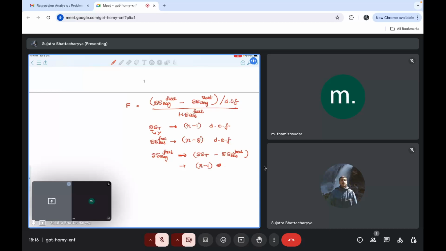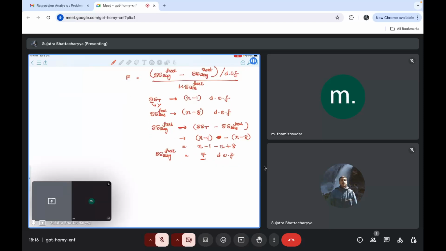So it will be n minus 1 minus n plus 8, which is 8 minus 1, that is 7. So the degrees of freedom for SS regression of the full model is 7. All right. So this is done.